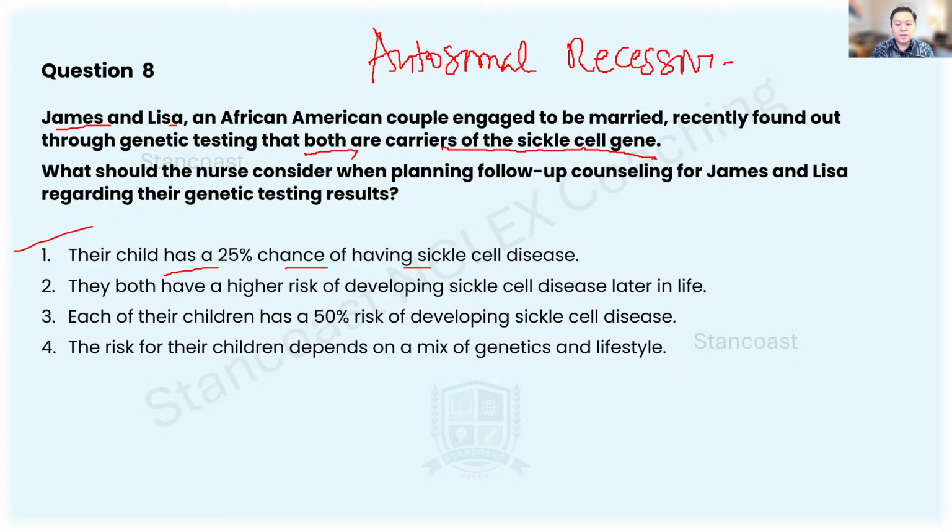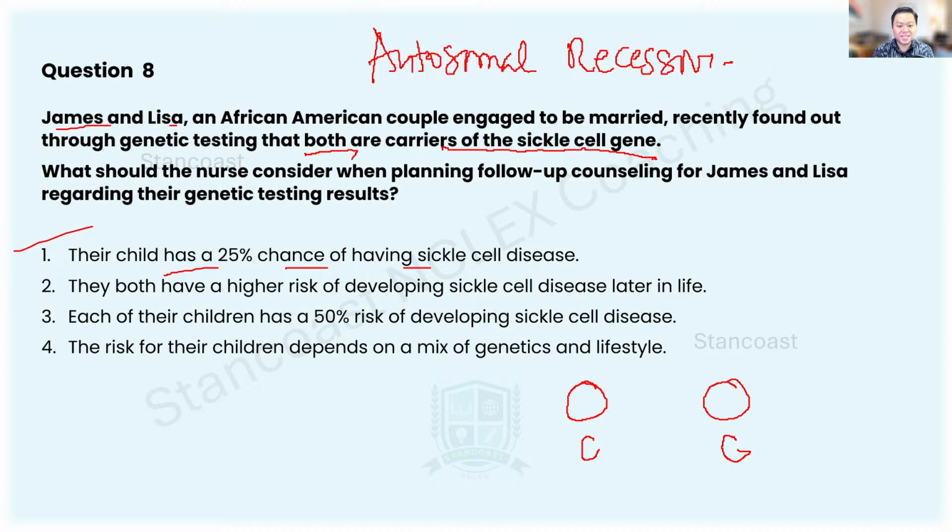And so this simply means that if both of the parents are carriers, so let's put here parent, carrier, okay? There is going to be a 25% chance that with each pregnancy, their child will probably inherit the sickle cell disease gene from both parents, okay?